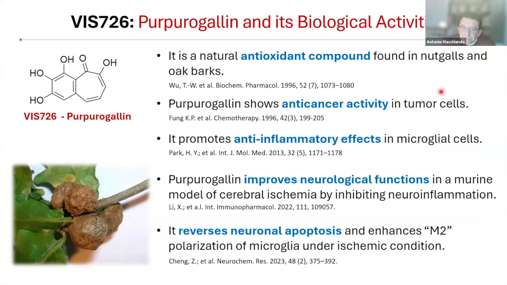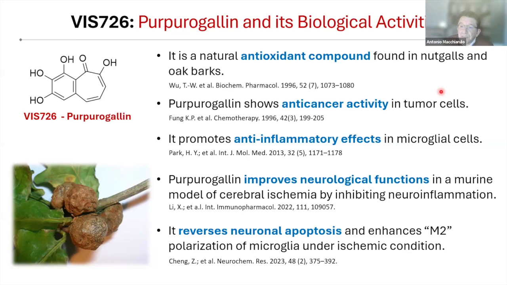So what is this compound 726 that shows a nanomolar binding potency against DDH1? Well, this compound is a natural compound, purpurogallin. Purpurogallin is a known antioxidant molecule that is found in nut galls and oak barks. It shows anti-cancer activity in tumor cells.